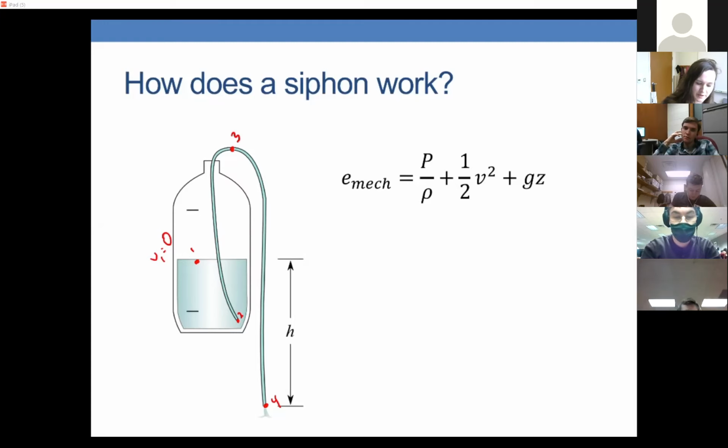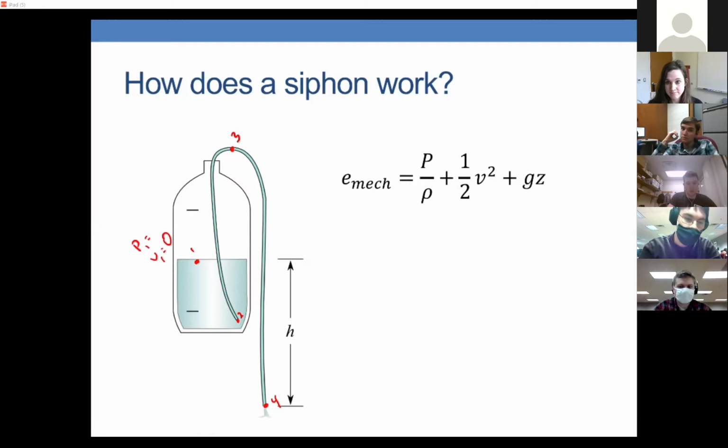What is the pressure right there? That would just be atmospheric pressure. And then down here at point 4, what's the pressure? Same, atmospheric.